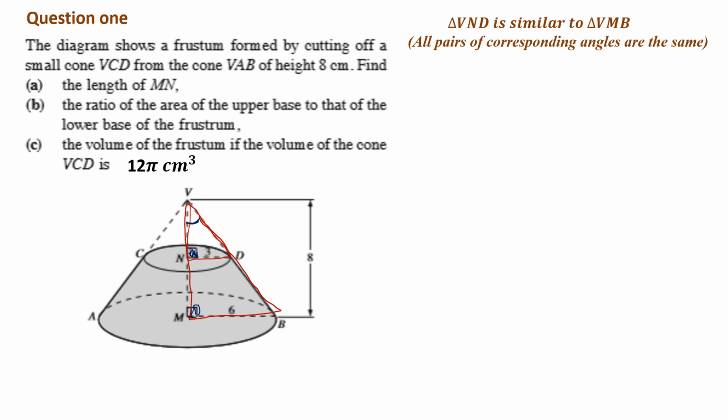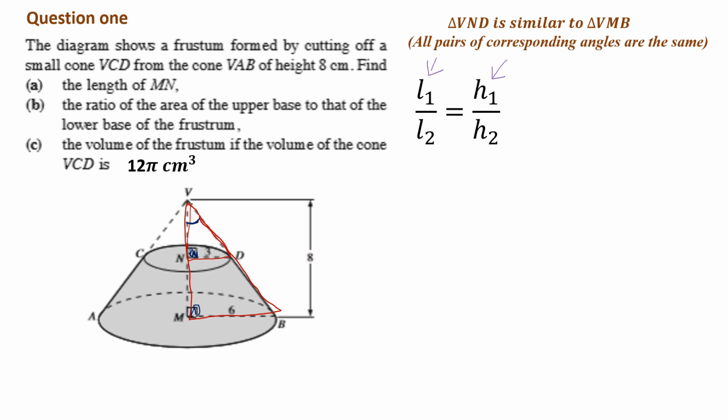So if these two triangles are similar, then we can use the concepts of similar triangles. And what is that? Yes, we can compare the ratio of the corresponding sides. So L here represents the length or the height of the smaller triangle, and H can represent another dimension. It can be the radius, any two corresponding sides.